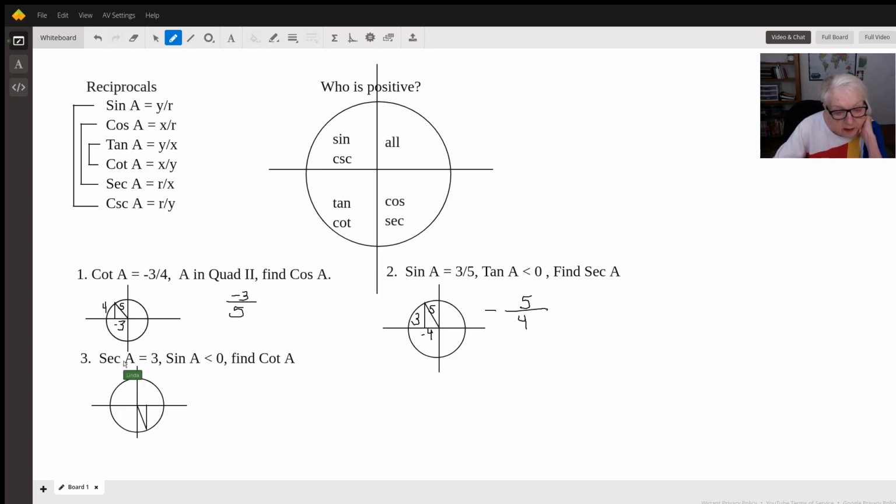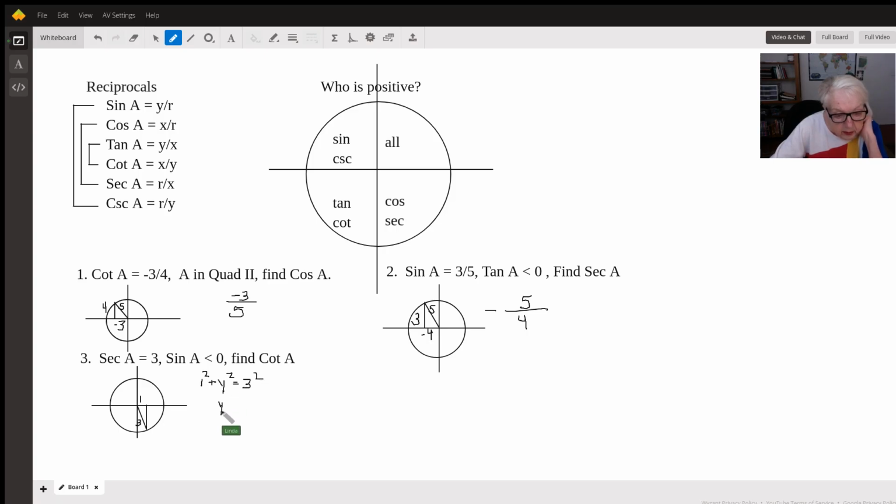Now, the secant is 3, and that's the reciprocal of the cosine. So the cosine is 1/3. And I'm going to put a 1 here and a 3 on the hypotenuse. Okay, now doing the Pythagorean theorem, we have 1 squared plus, I'll call it y squared, equals 3 squared.